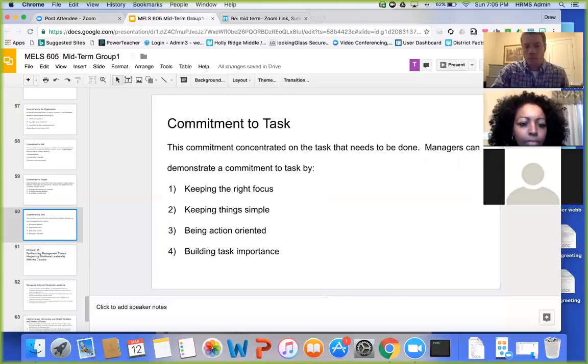When we're looking at commitment to the task that people perform, make sure that you are choosing the right focus, that they're keeping it simple, and that they're building a task of importance.